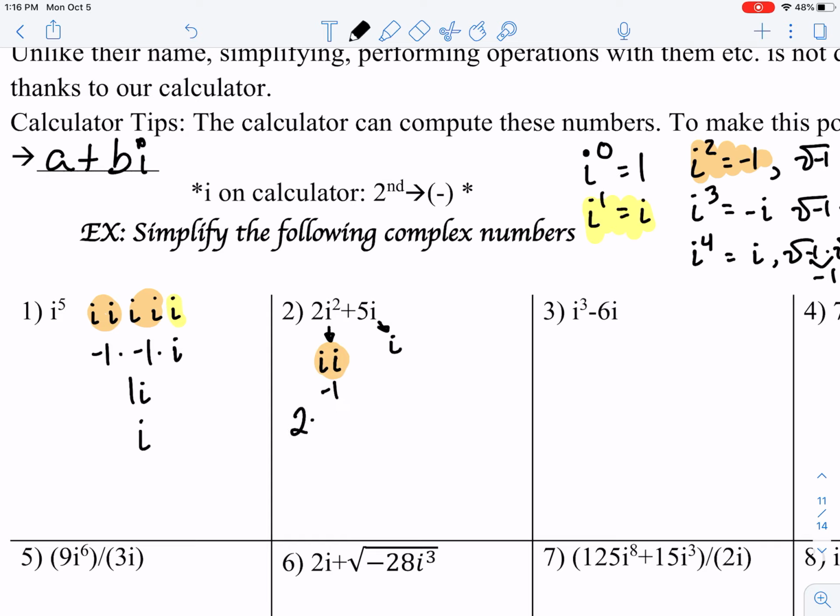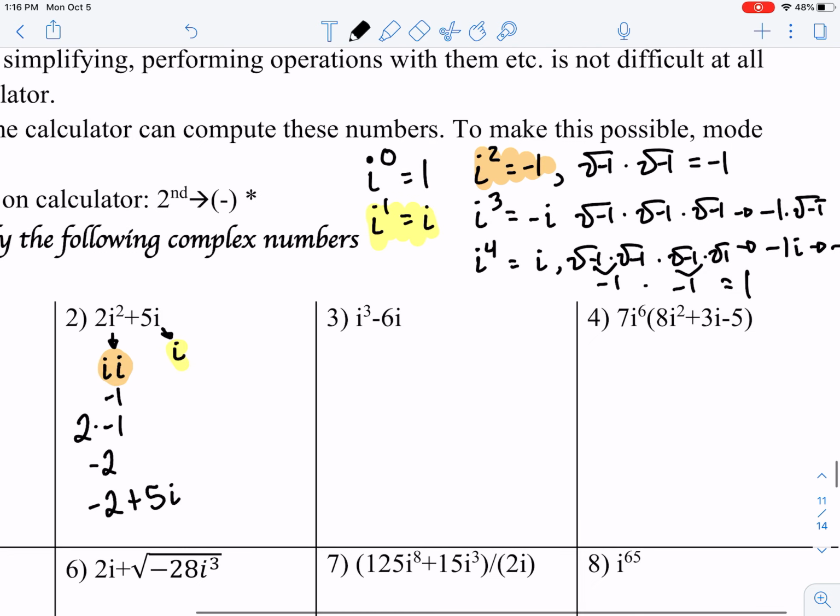So 2 times -1 is -2. I is just I. So I'll replace 2i squared with just -2 plus 5i. And that's my answer, because I can't combine the -2 and the 5, because the 5 goes with the I.